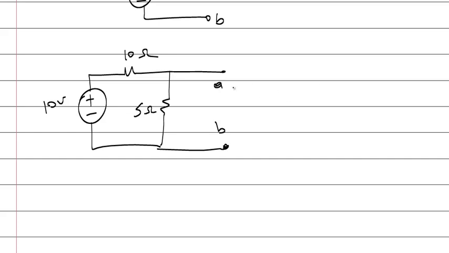So, what's the voltage? There is a voltage division. 10 volts is divided on 2 resistors, 5 divided by the total, which is equal to 3.3 volts, which is the Thevenin voltage.